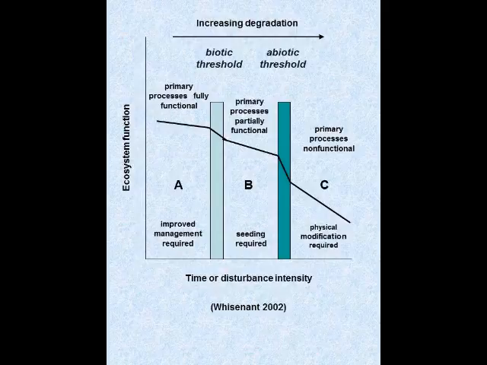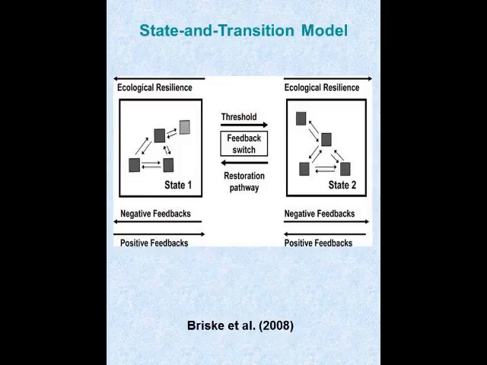But once the abiotic threshold is crossed and we have modifications in soil, structure, and function, and move into stage C, the problem is much more intractable. And so functional restoration, we're dealing with these sorts of problems and trying to restore ecosystem function.